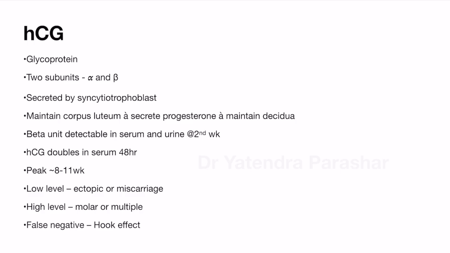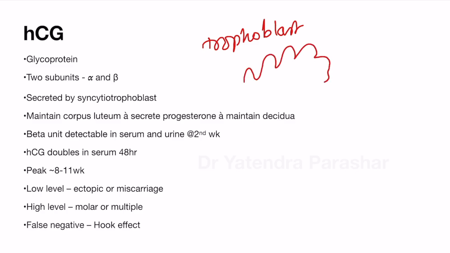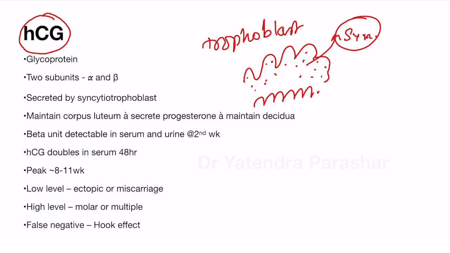Now the trophoblast has the syncytial trophoblast. It has many nuclei with common cytoplasm, and it forms from the cytotrophoblast. A hormone secreted from this syncytial trophoblast is known as human chorionic gonadotropin.